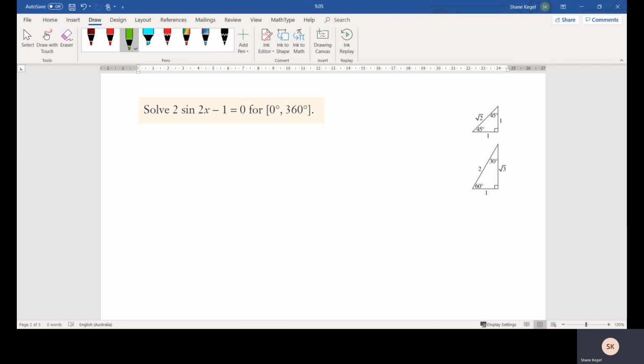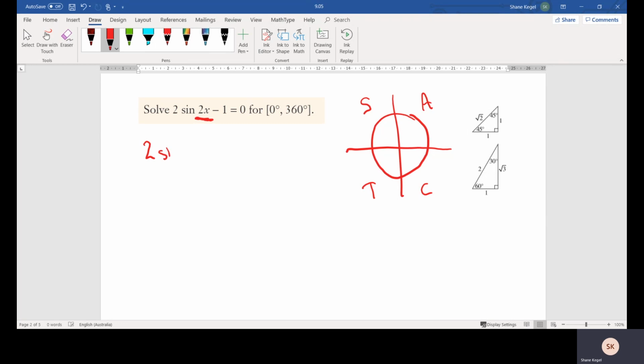Okay, so usually our domain is for x, but in this case our domain is for 2x, which essentially means we would find solutions by going around our unit circle twice. So all stations to central. So we'll see what that looks like as we work it out. So let's rearrange this equation first. 2 sine 2x take 1 equals 0 is my original equation.